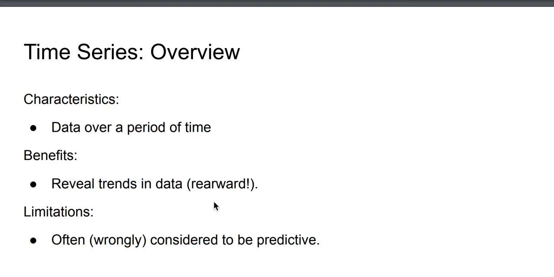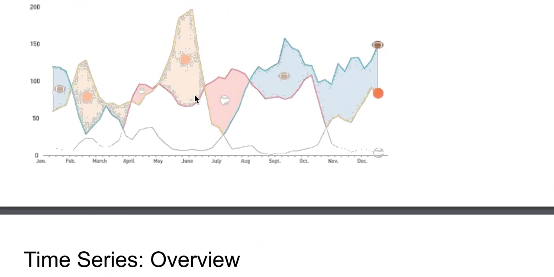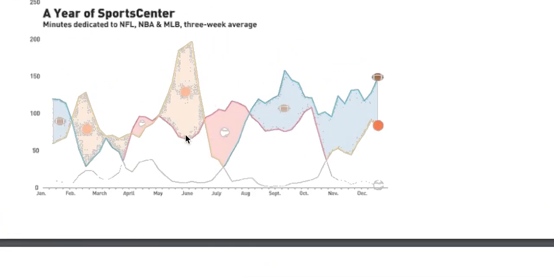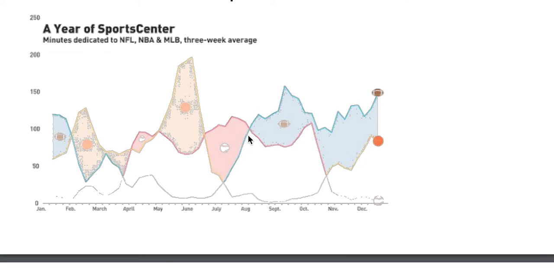However, the data is real world, and people often consider it to be predictive. So that means all the data over here has already happened. It does not look forward; it's just the real world.